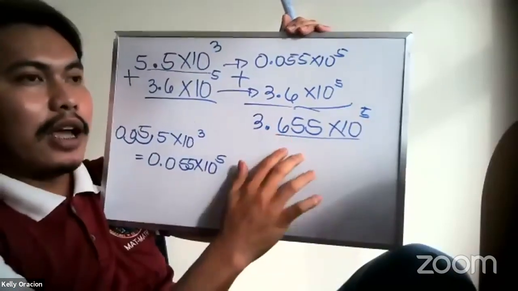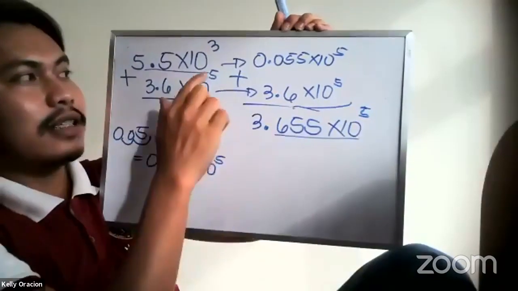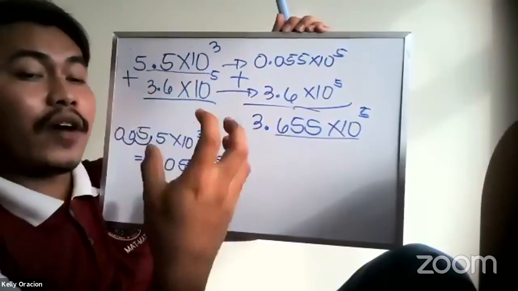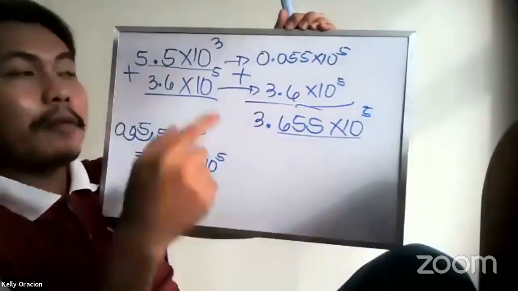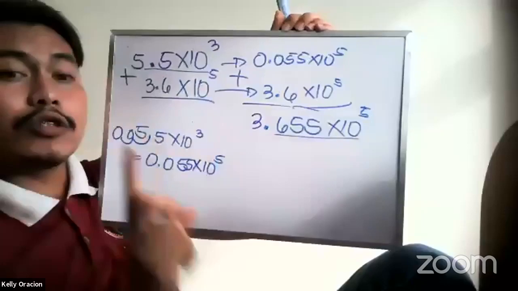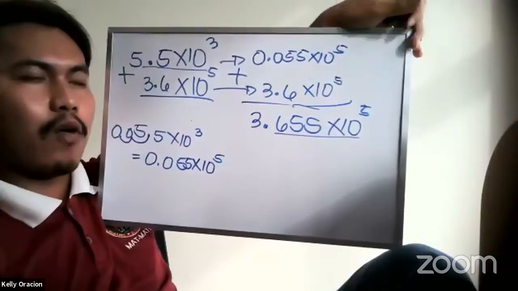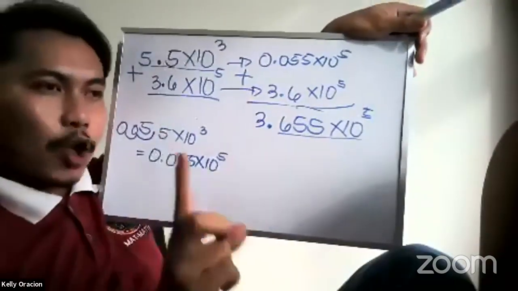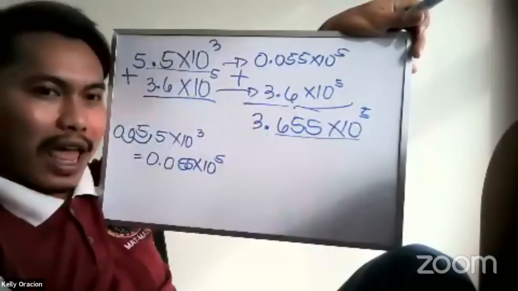Ito yung isang way. Class, magpili lang kayo kung sino sa kanilang dalawa yung i-follow ninyo na exponent. For positive ang given exponent, mas okay na i-follow ninyo yung mas malaking exponent.